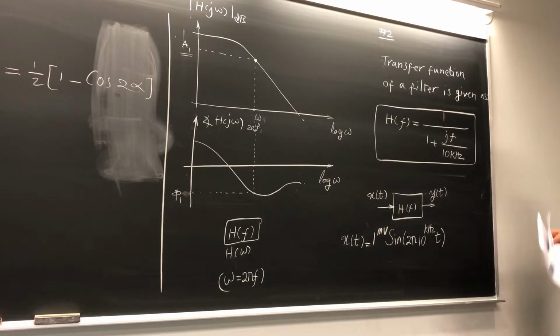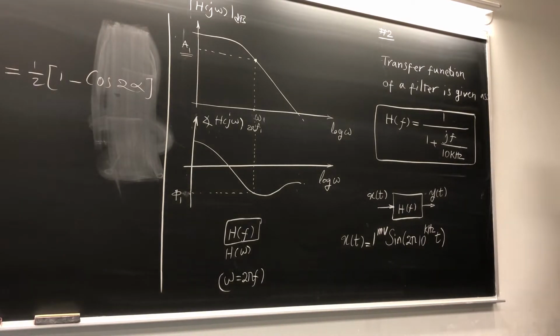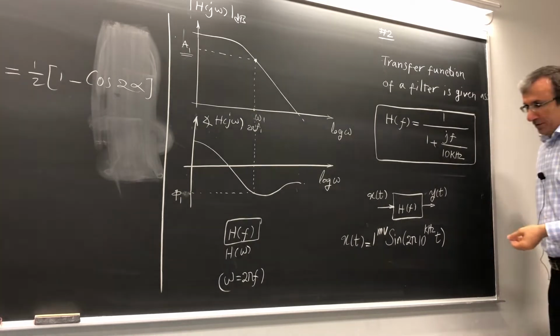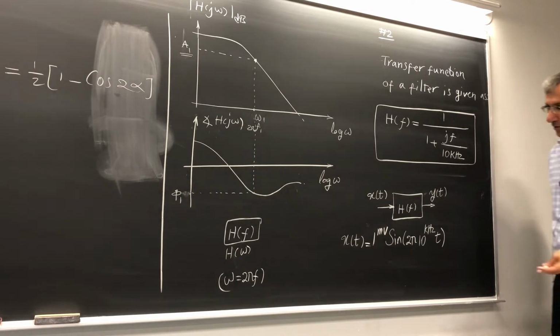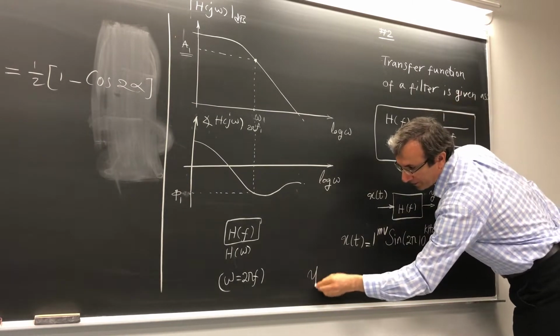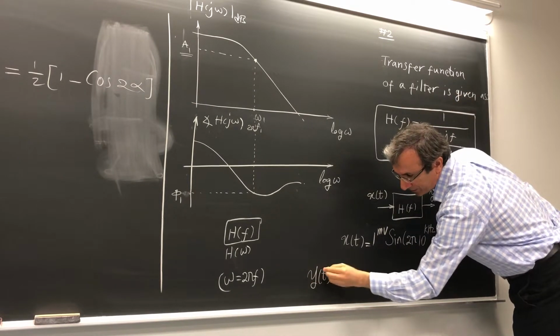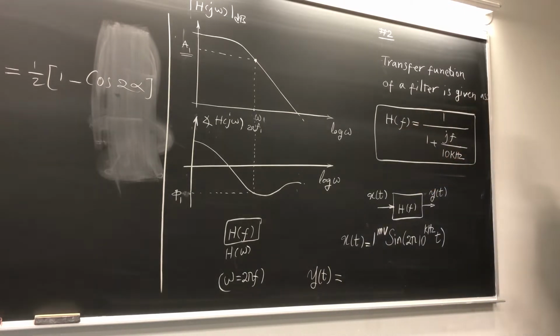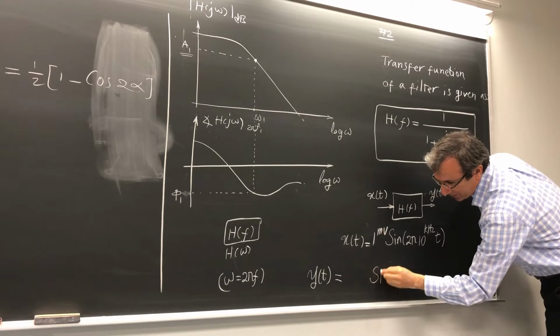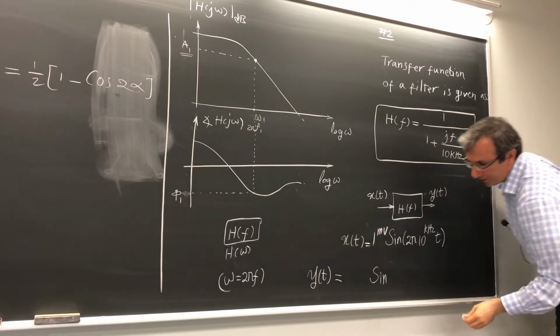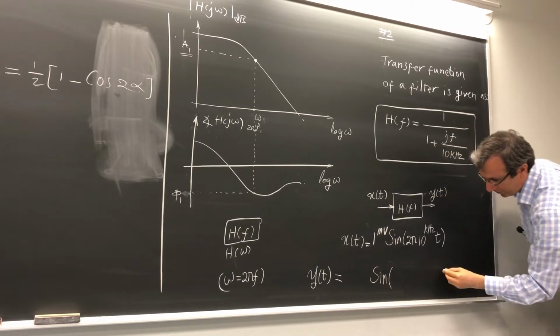The pretty easy, and also professional, way of doing the math for the calculation of the output is this: the output in the time domain would be the same as the input in wave shape, so a sine function.